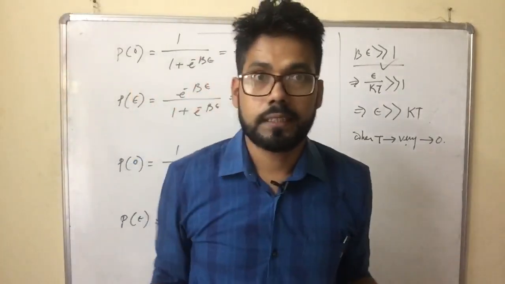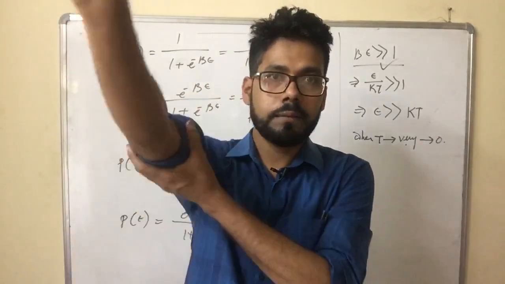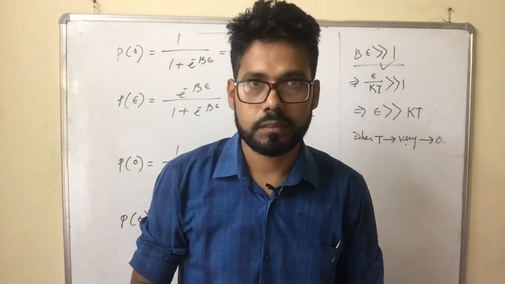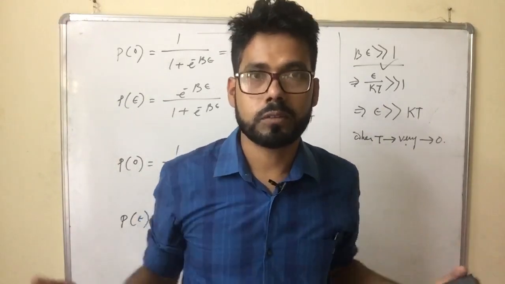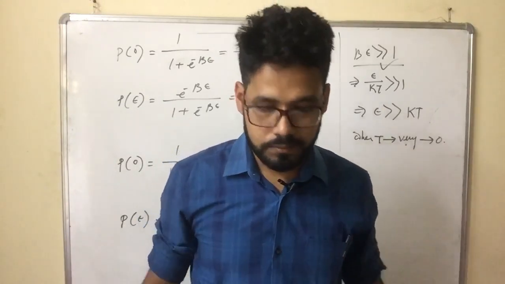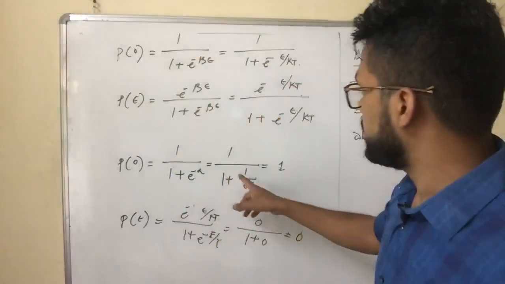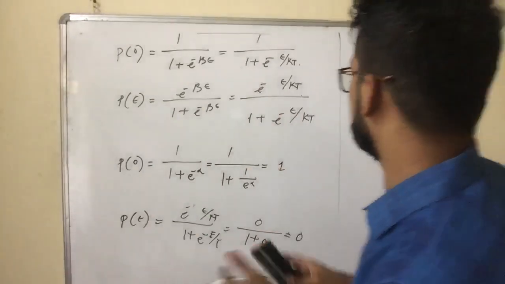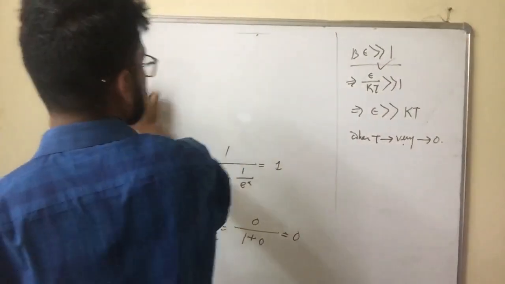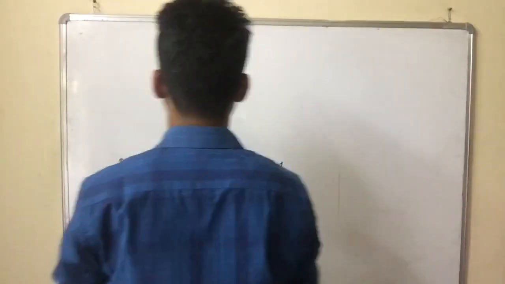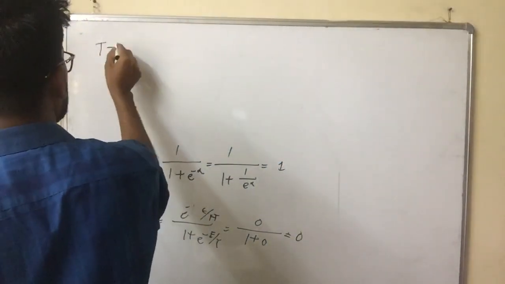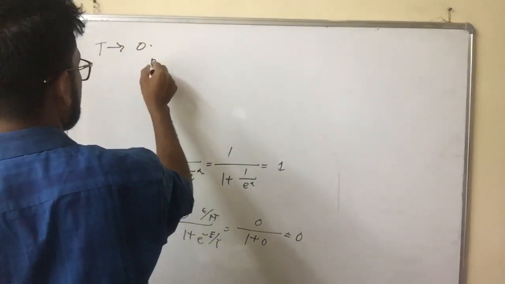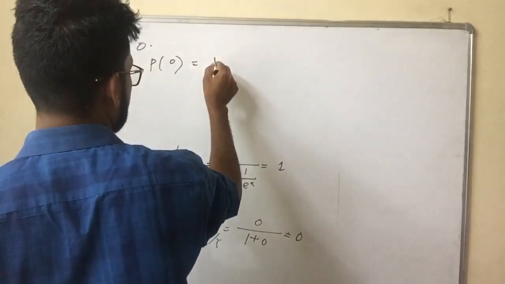What have we understood? But in this question, I am not talking about this particular electron. This particle may be a boson, a photon or something else. What happens when the temperature tends to 0? When T tends to 0, then P0 equals 1.